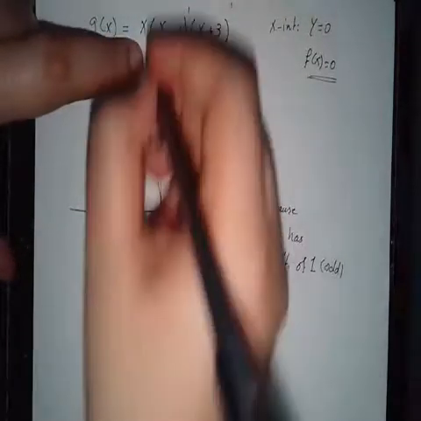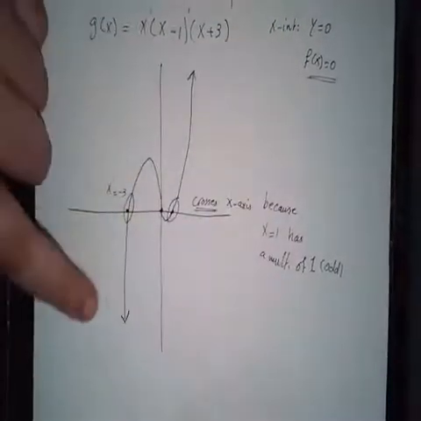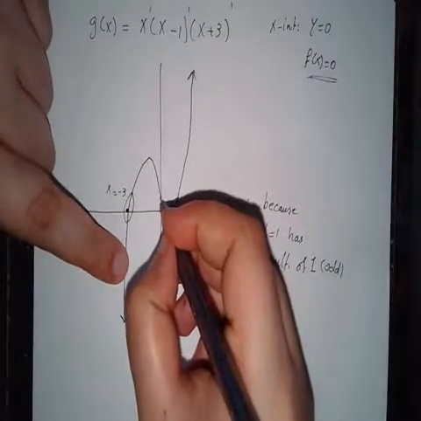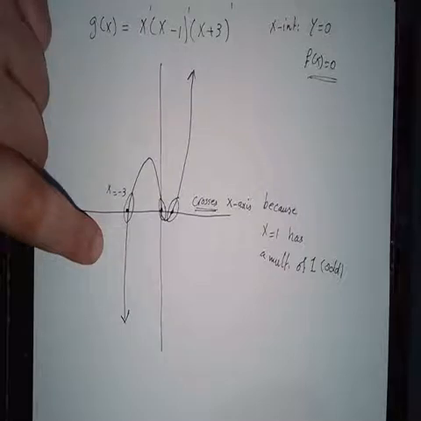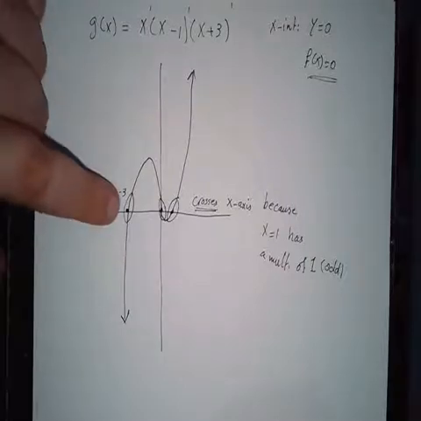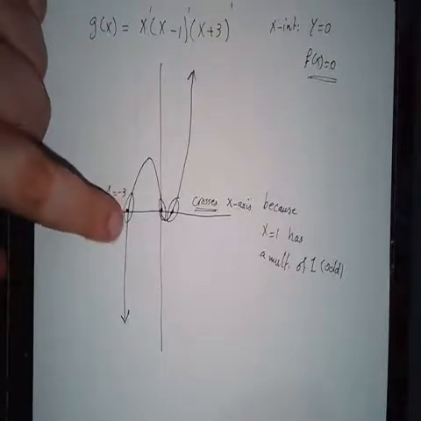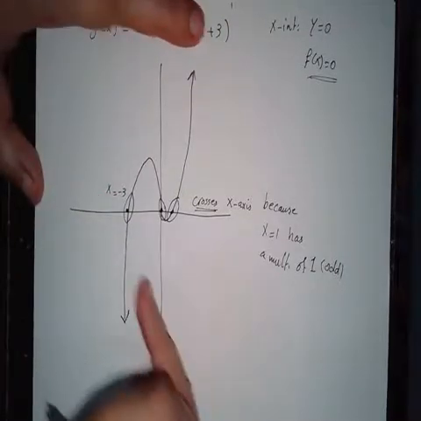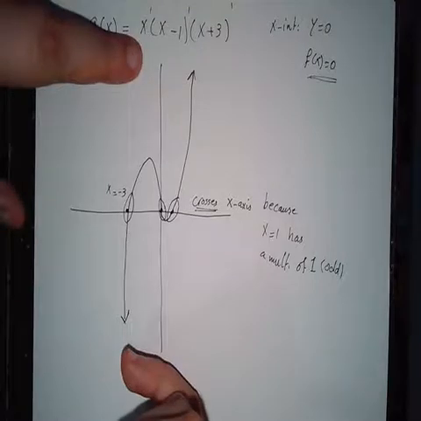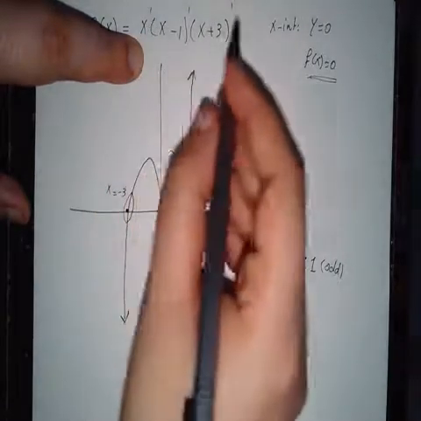Same for the 0. It has a power of 1, so it's crossing the x-axis. Well, I think I said touch before. It crosses the x-axis here too. They all cross because they're all odd. They all have odd powers.